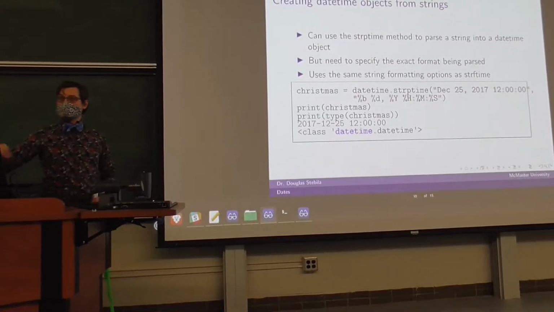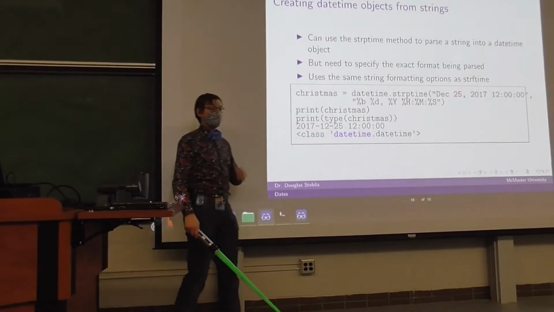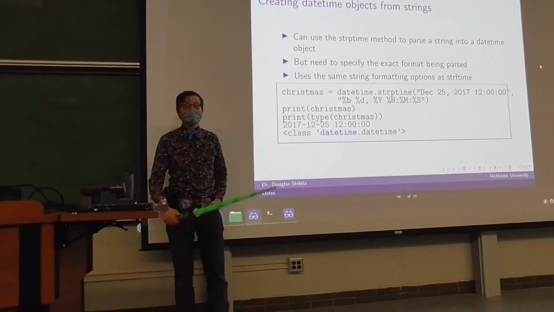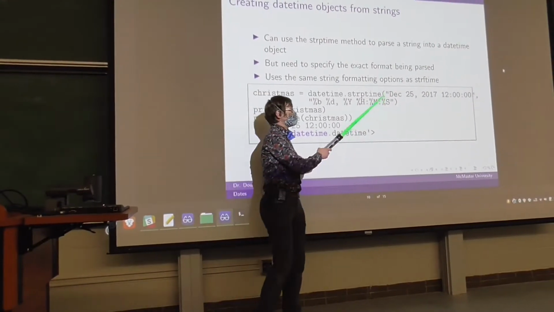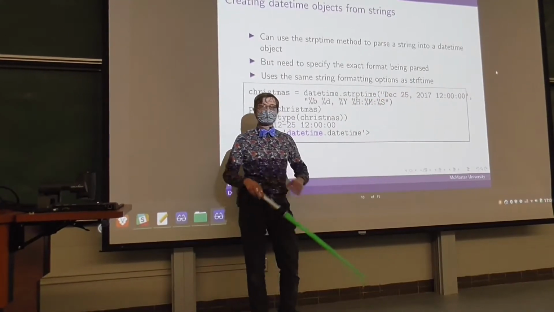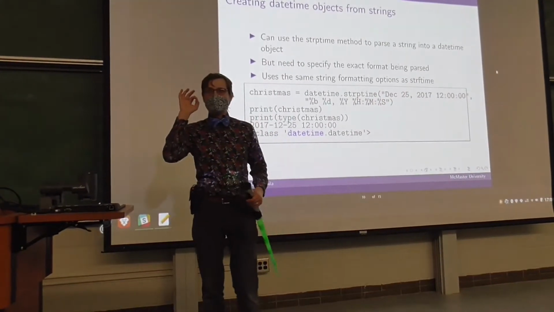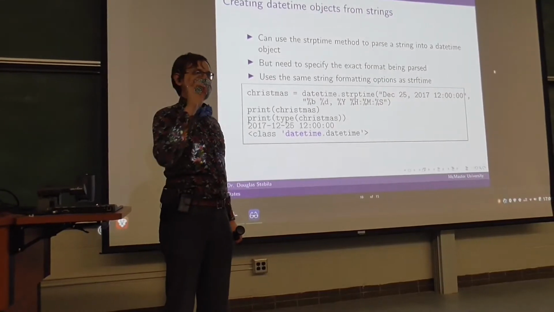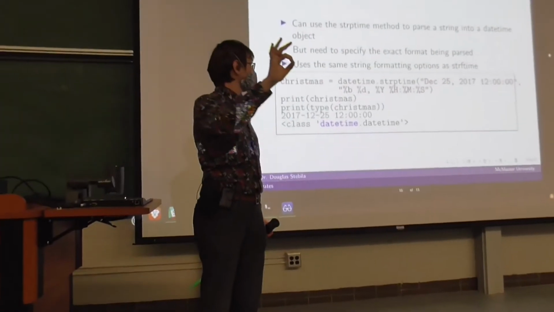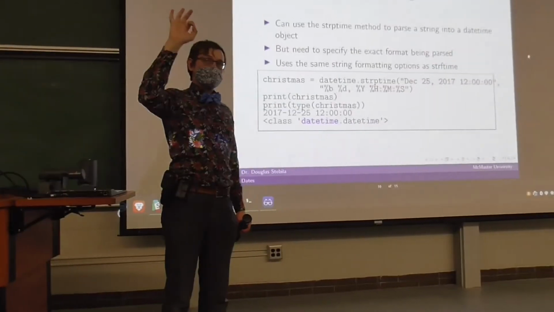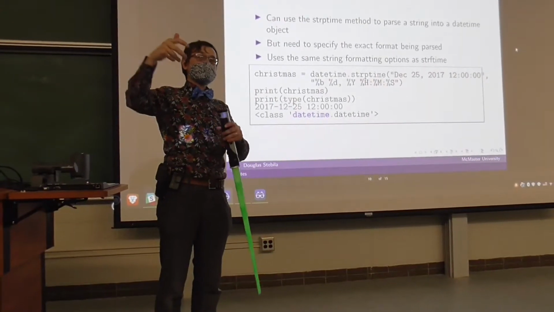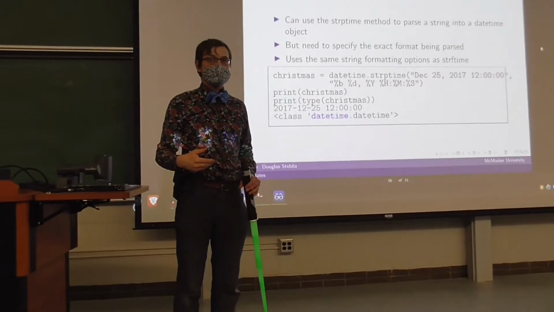In contrast, the string parse time method takes as its first argument the string that you are parsing. This is the string that you have received from some external source.